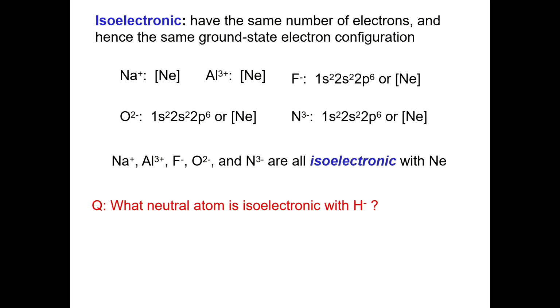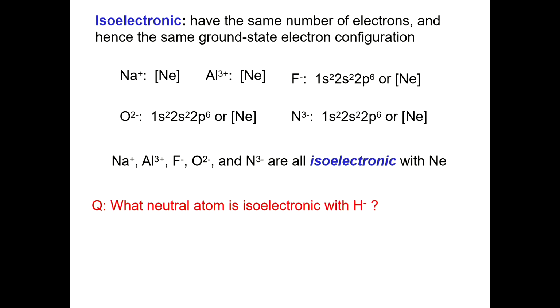For example, if sodium loses one electron, it is like neon, and this loses 3, and all of them have the electron configuration like 1s2, 2s2, 2p6, right? So when these two metals lose electrons, and this nonmetal gets electrons, they will have the same number of electrons. So these are called isoelectronic.